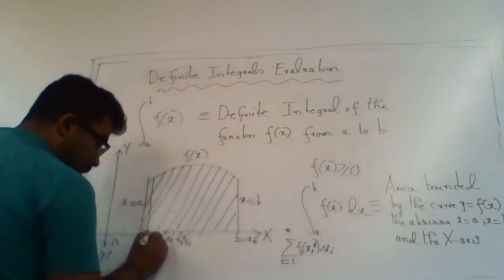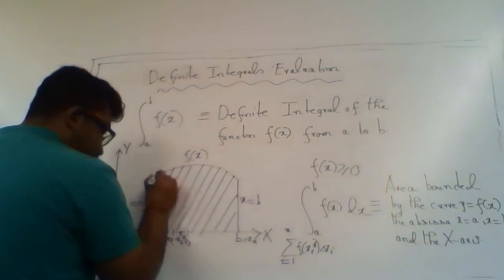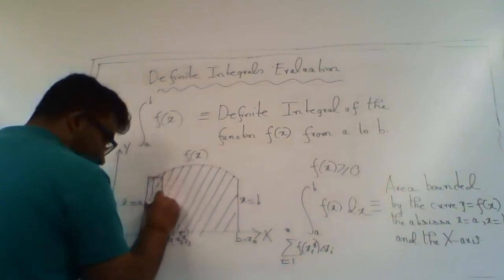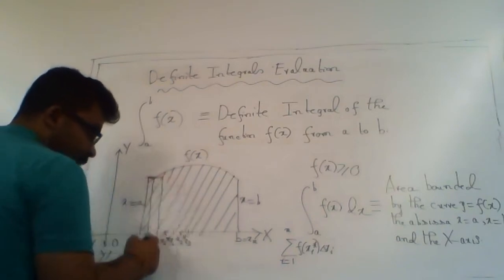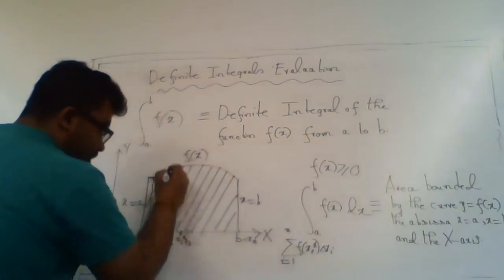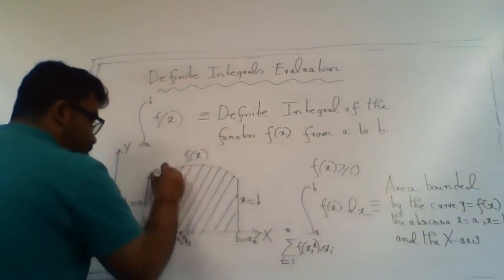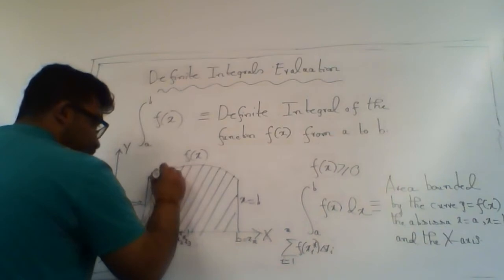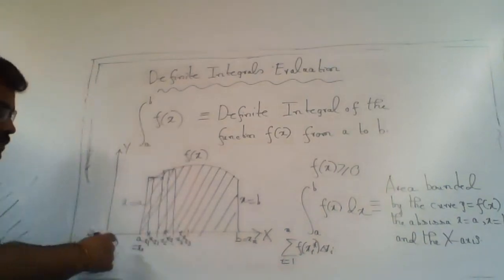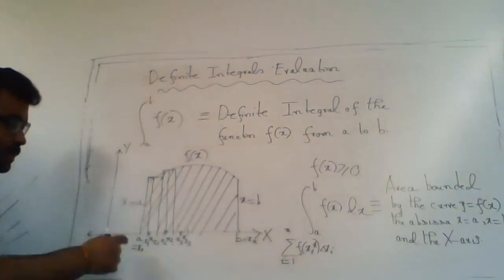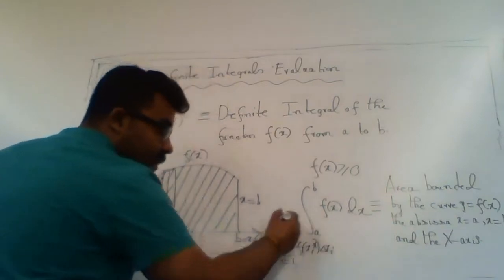If you multiply this, you basically get the area of this rectangle. In the same way, you get the area of this rectangle. If you multiply x2 star with delta x, you get the area of this rectangle. Right? In this way, if you take the sum, you will get the areas of rectangles, and this sum is often called the Riemann sum.